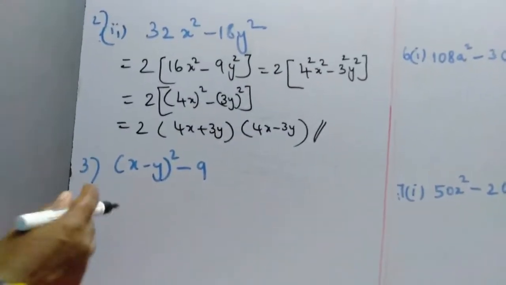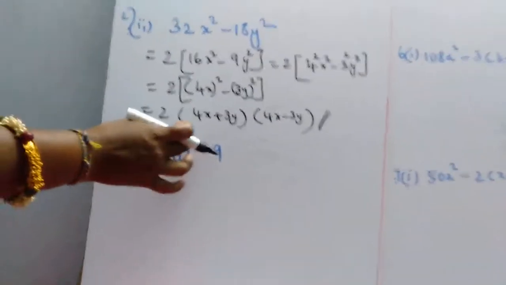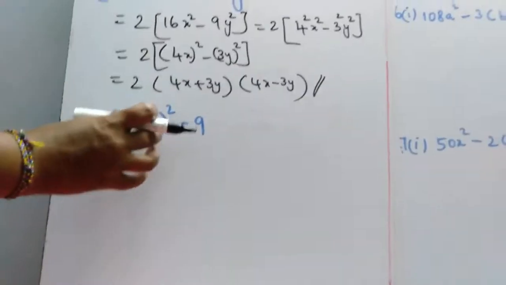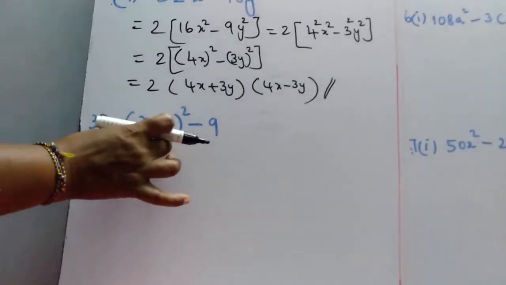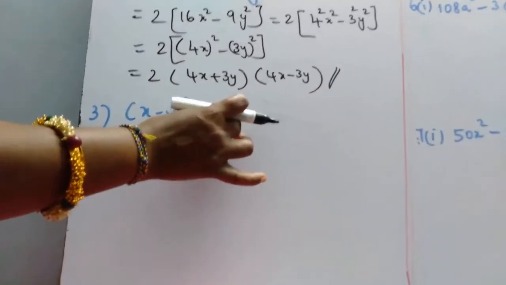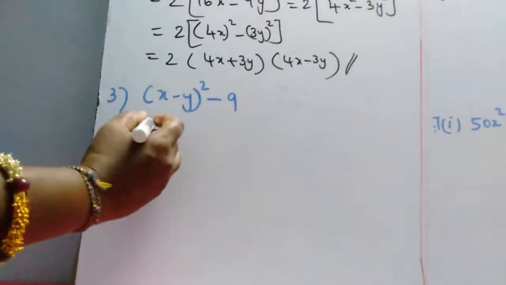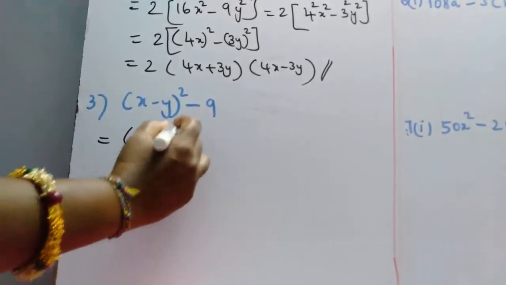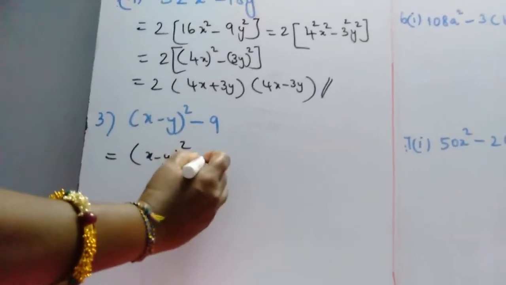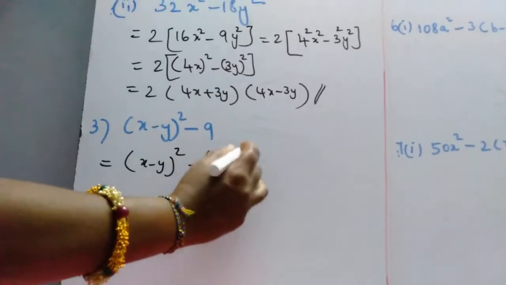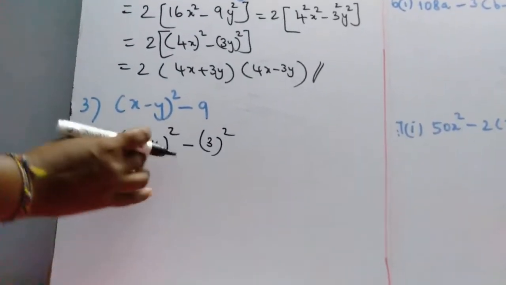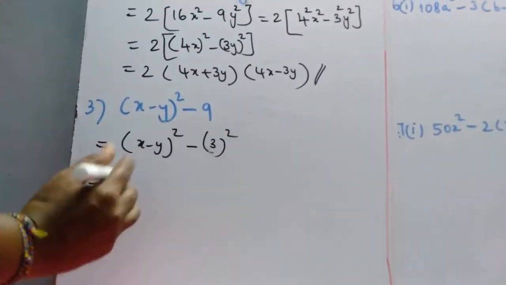Next question is x minus y the whole square minus 9. Here it is in the square form already, and this number is a square number. Since there are two terms here, we write the first term as it is, and this one we write as 3 the whole square.